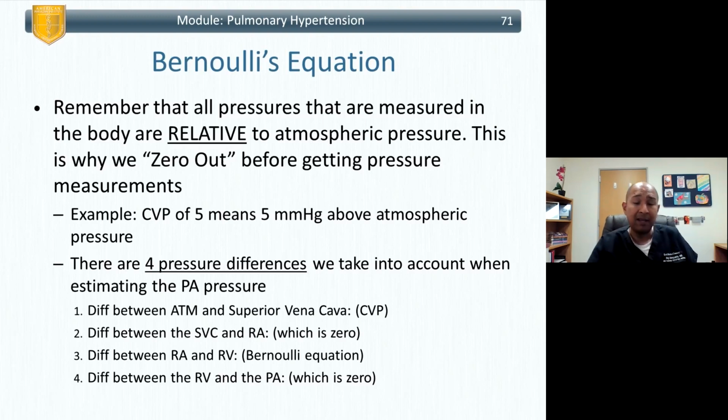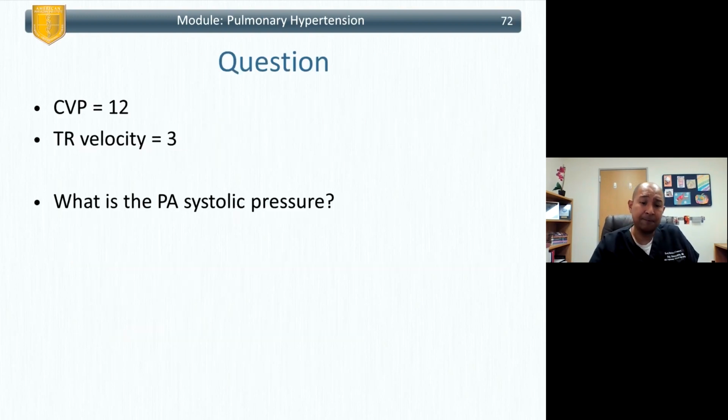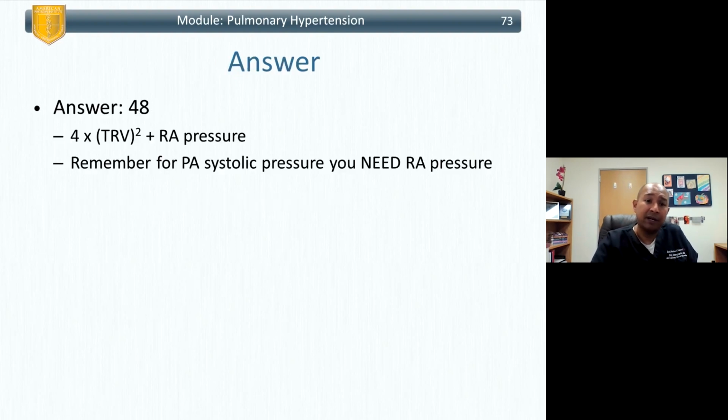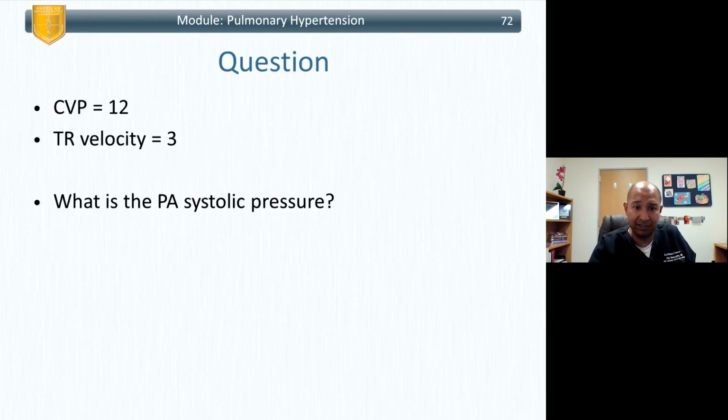So taking this theory and trying to make it practical, I just gave a simple question: if they tell you the CVP of the individual is 12 and they tell you the tricuspid velocity is 3, what is the pulmonary artery systolic pressure? Well, whose equation are we going to use? Bernoulli's equation. What is that equation? We're going to say 4 times the what? The velocity of tricuspid regurgitation. In this case, that velocity is 3.